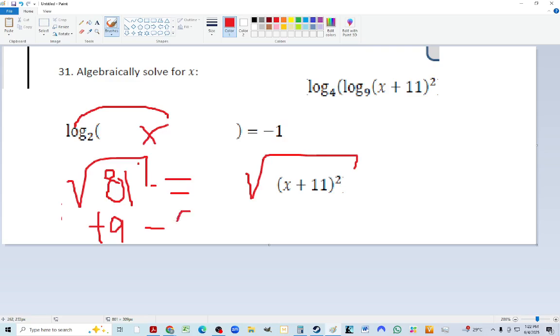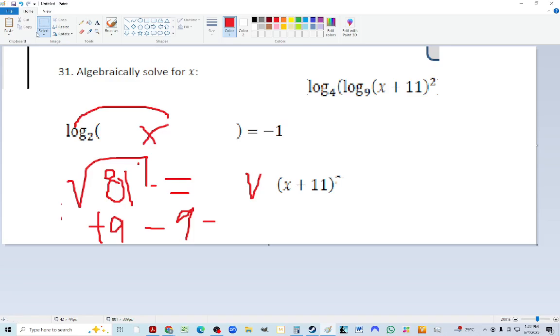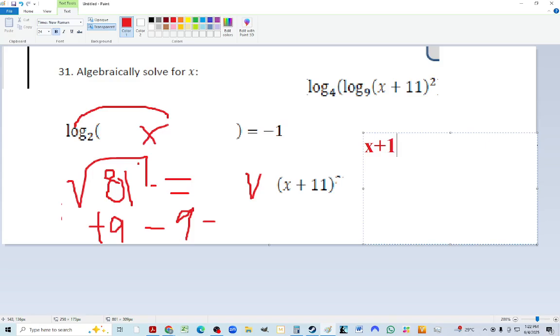We have to exclude the minus 9 later, which means x plus 11, after I get rid of this square, x plus 11 is equal to 9, or x plus 11 is equal to minus 9, which means up here x is equal to minus 2, or down here x is equal to 2.